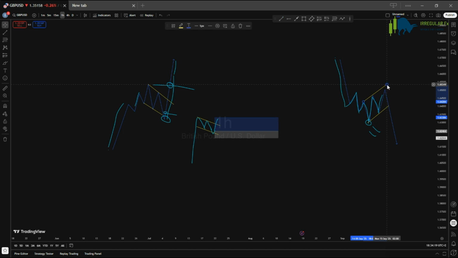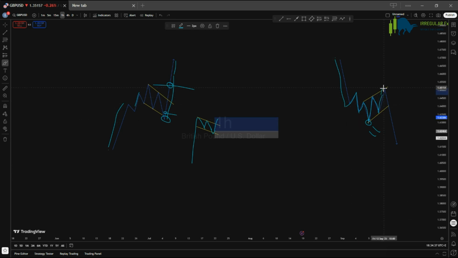Like this. So when it does this, what do we do? We wait for a third touch. The market should always give you a third touch. So wait for a third touch somewhere around here.